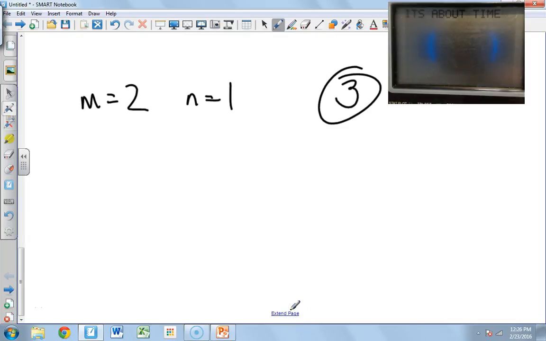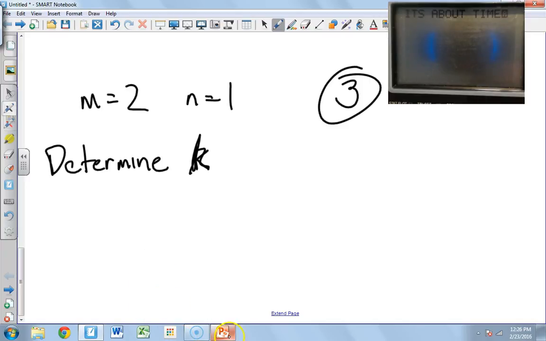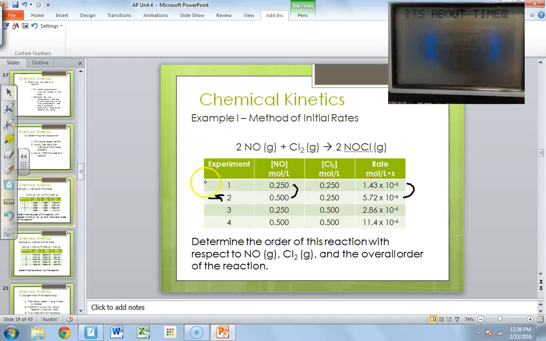Okay, but now I'm going to take it one step further. I'm going to determine K. The equilibrium, or see, I keep saying equilibrium constant. I'm going to determine the rate constant. So now, in order to determine the rate constant, I can pick any one of these experiments. I'm going to just choose experiment 1 just because it happens to be the one that's right there.